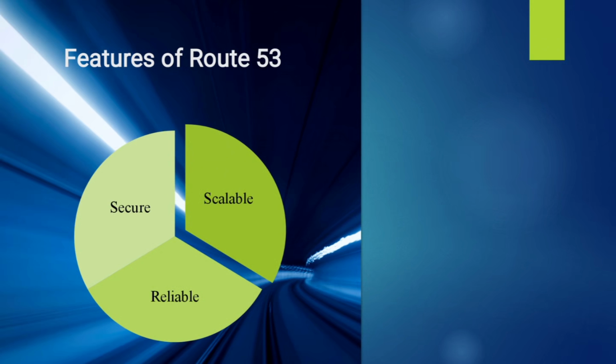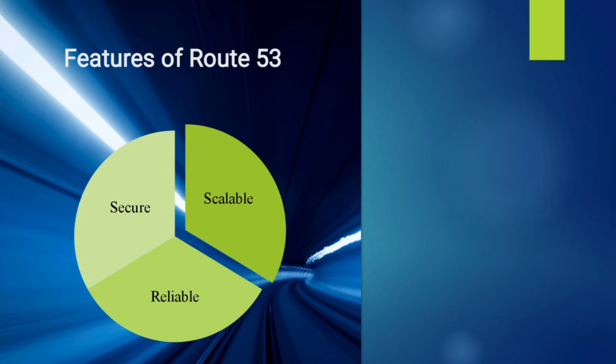And also, you can specify who has access to which parts of the Amazon Route 53 service. That is secure. And the second feature is scalable, in the sense it is designed to automatically scale to handle very large query volumes without any intervention.